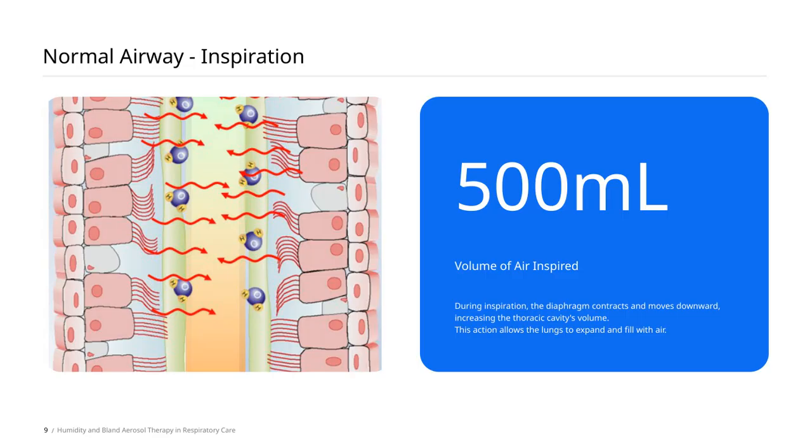During inspiration, the diaphragm contracts and moves downward, which increases the volume of the thoracic cavity. This is a key part of how our lungs expand during breathing. When the thoracic cavity enlarges, it creates a negative pressure that allows the lungs to fill with air. Typically, the volume of air inspired with each breath is around 500 milliliters.